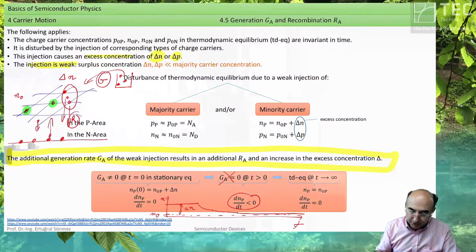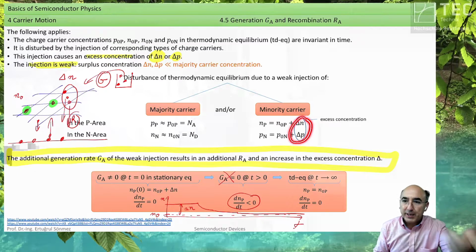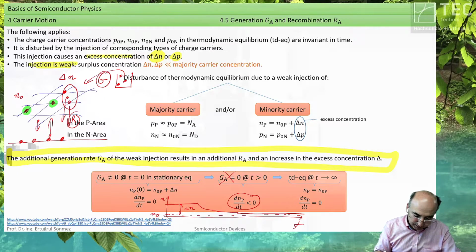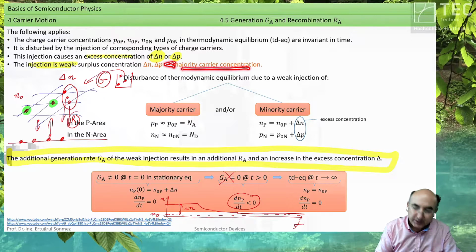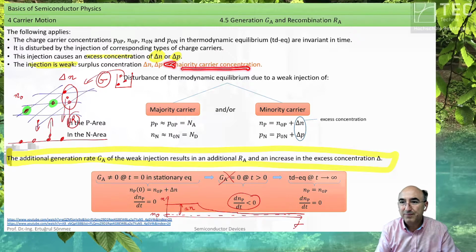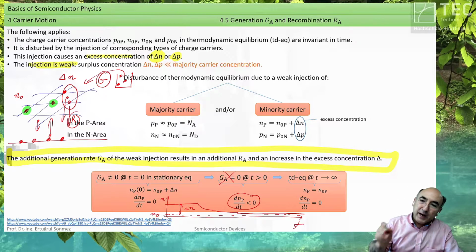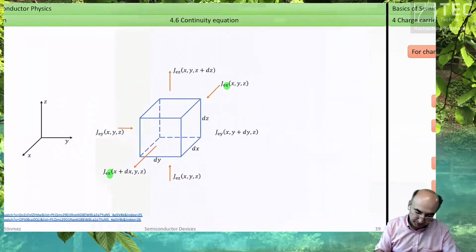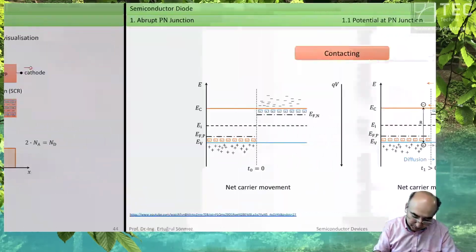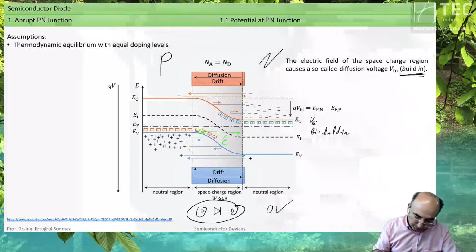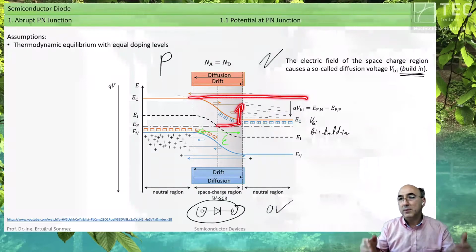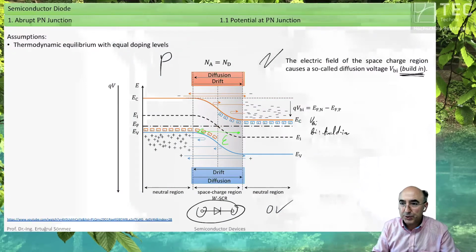Weak injection means your injected excess concentration is much lower than the majority carrier concentration itself. So under these conditions, we have a limit, the flat band condition. The flat band condition means your applied voltage would be so high that you get the flat band case. And this you can't reach at all.